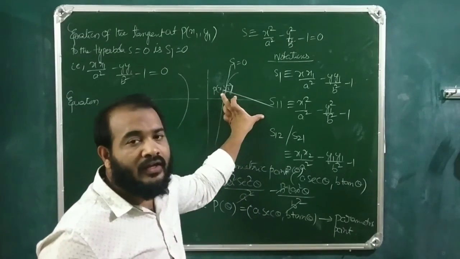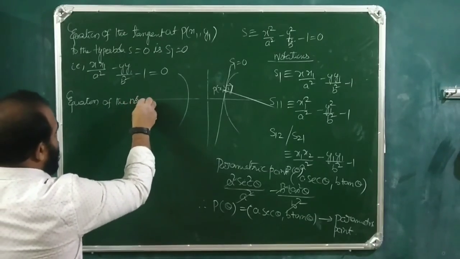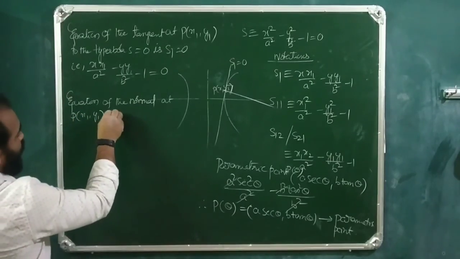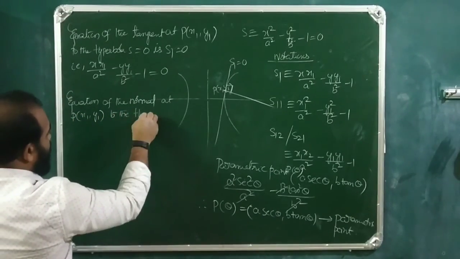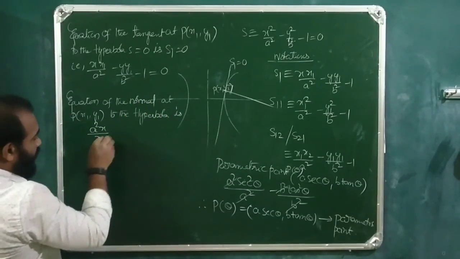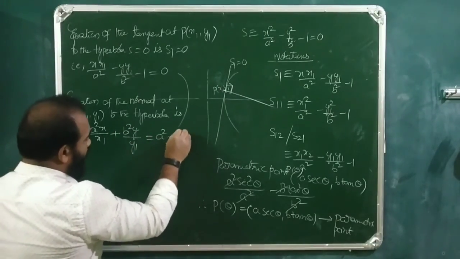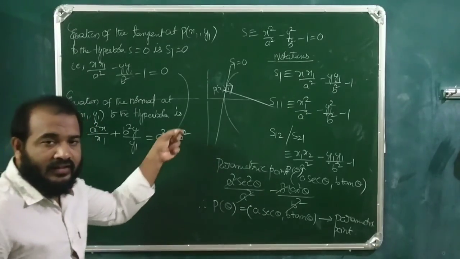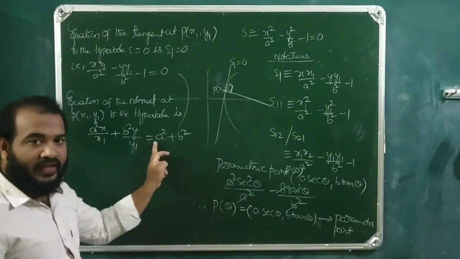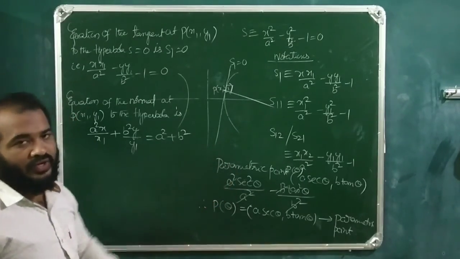Therefore it is said to be the normal. So the equation of the normal at P(x1, y1) to the hyperbola is a square x by x1 plus b square y by y1 equals a square plus b square. Remember, in the ellipse it is a square x by x1 minus b square y by y1 equals a square minus b square. Here everything we will be getting in plus only.